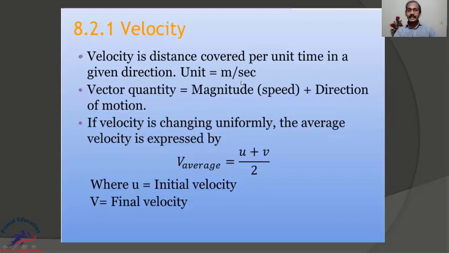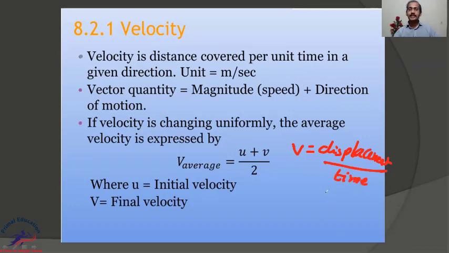Now, the velocity, we can call it as displacement by time. Speed is equal to distance by time. Velocity is equal to displacement by time. Clear? The minimum distance traveled by an object in unit time, that is called velocity.